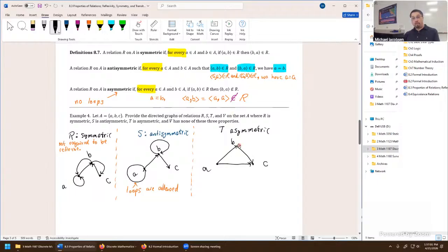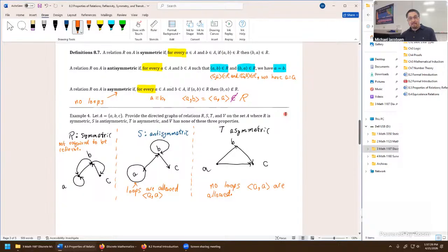None of these arrows go backwards whatsoever. And at the same time, for asymmetric, no loops, such as AA specifically, are allowed. So that's what asymmetric would look like altogether.